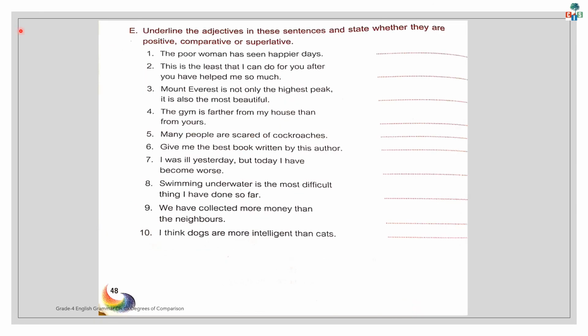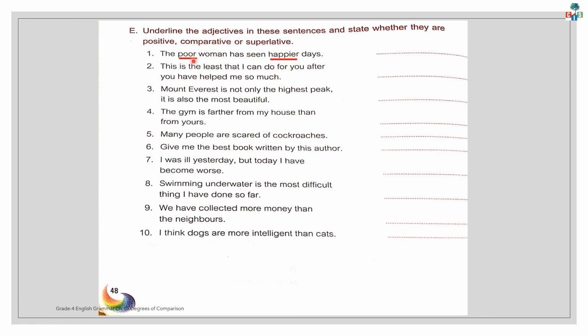See page number 48, children. Exercise E. Underline the adjectives in these sentences and state whether they are positive, comparative or superlative. See the first one, children. The poor woman has seen happier days. Now in this sentence, children, the adjectives are poor and happier.